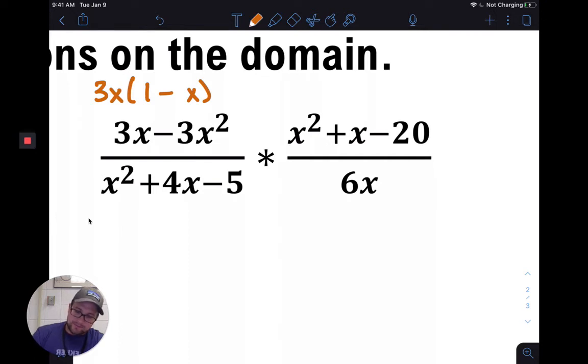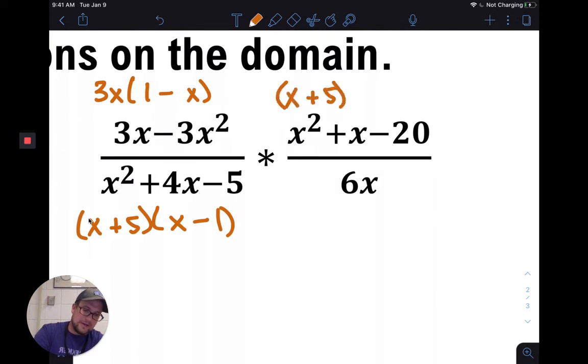On the bottom, we have x squared plus 4x minus 5. That's going to be an x plus 5 and an x minus 1. Up top on the other one, we're going to get an x plus 5 and an x minus 4. And of course, 6x is not allowed to be factored at all. There's nothing we can do.